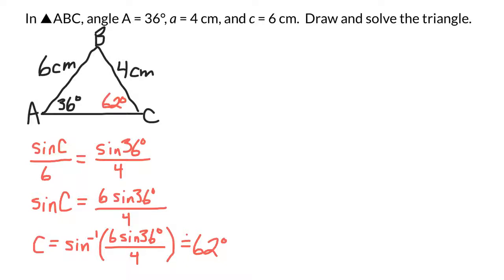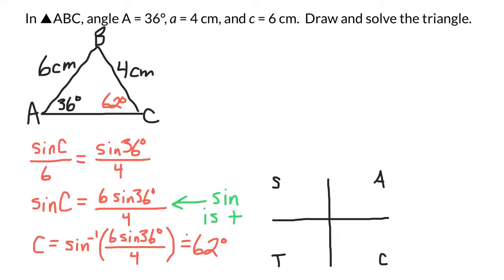But hold on a second. Up here, sine is positive. So if you remember your CAST rule, sine is positive in the first quadrant and the second quadrant. So that 62 degrees is really just this angle here, but we're forgetting about this angle here, which is 62 degrees less than 180.